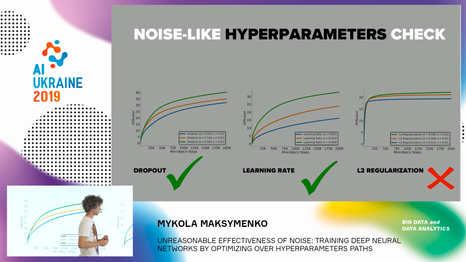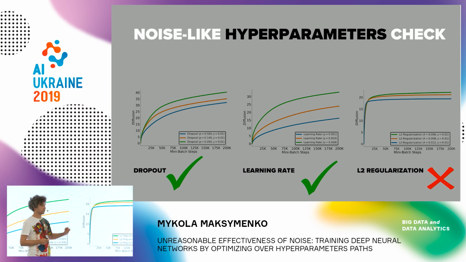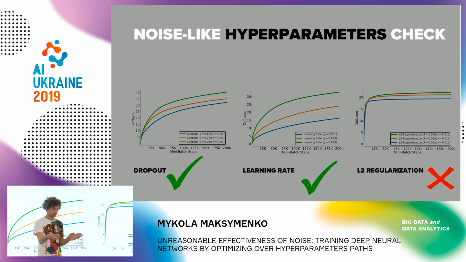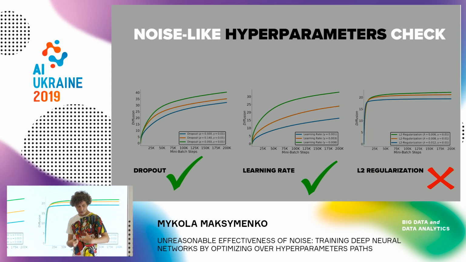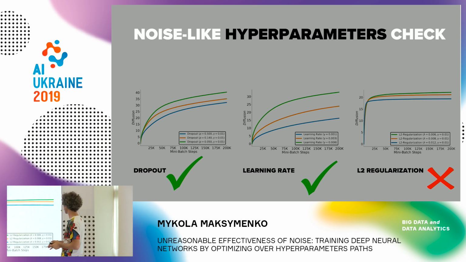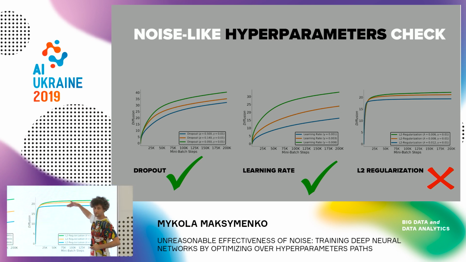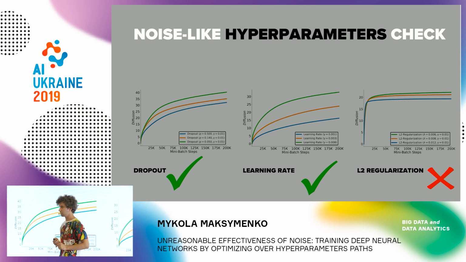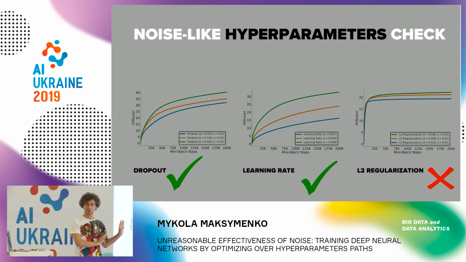However, L2 regularization does not fit here. For L2 regularization, because we constrain the values in our weights vector, we at some point start to suppress this. So it does not really work there. But for some other hyperparameters, it works. So this is a very important message.